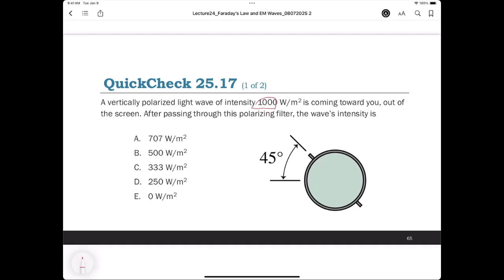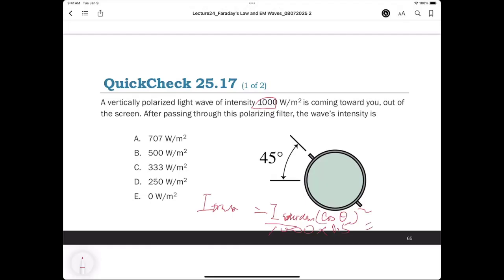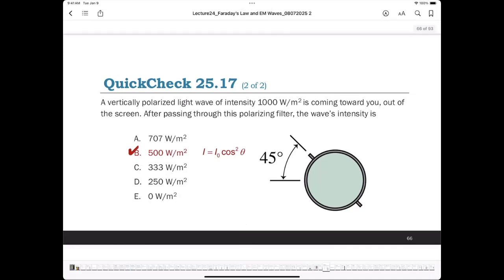Since the transmission equals I incident times cosine theta squared, this one is 1000 and cosine 45 equals 0.5 squared, so it is 500 W/m². Just use this equation. It is B. Okay, let's continue.